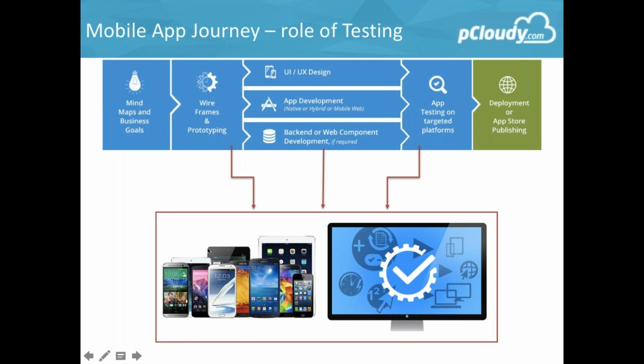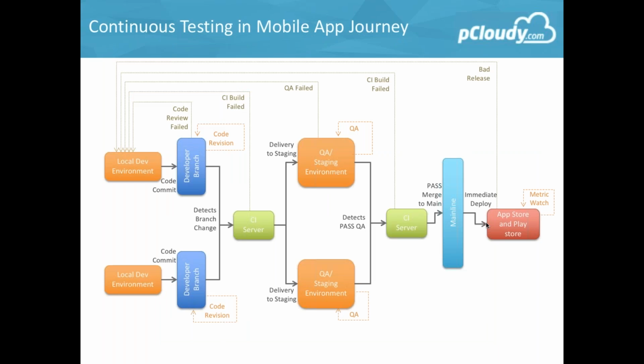The first is the need of devices, because mobile apps ultimately have to be tested on a real device. In a lot of cases, companies do use emulators, simulators, but the real testing has to happen on the real devices. So there is a need of device infrastructure, and then there's a need of a tool to automate the testing that we were talking about during the CI/CD process. So these two are key requirements within the mobile app journey.